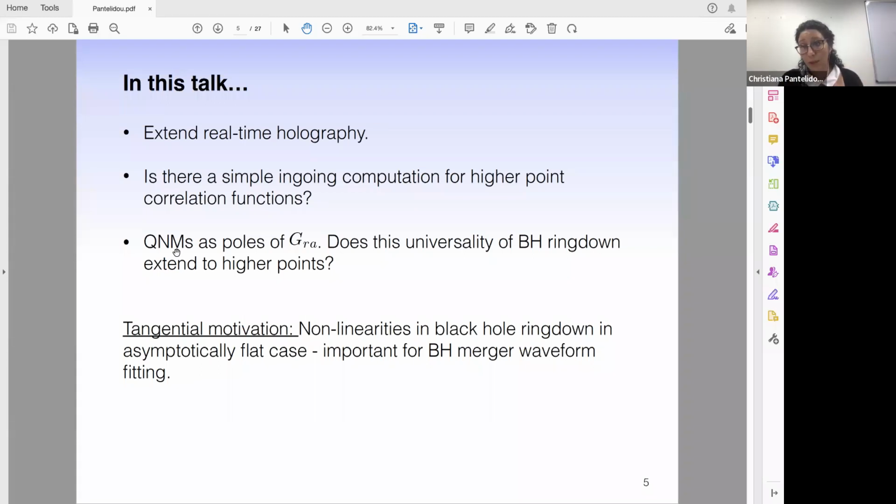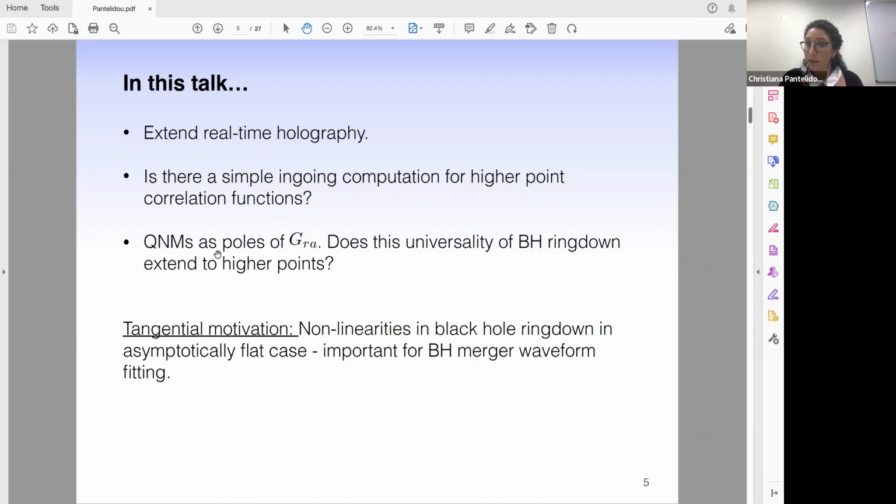So that's one thing we want to do. And another thing, we want to check whether this universality between black hole ringdown and correlation functions extends beyond the level of 2-point functions, to higher point correlation functions. Okay. So these are the two questions that we want to answer.